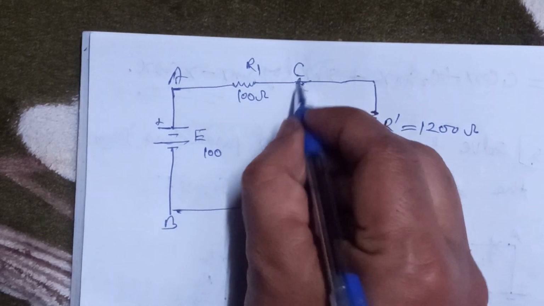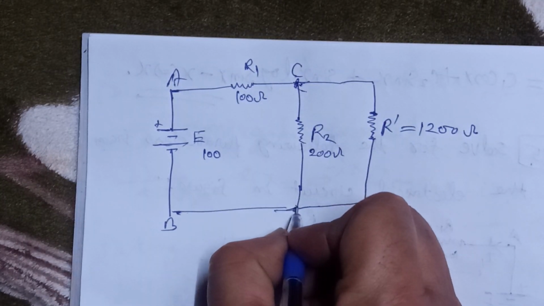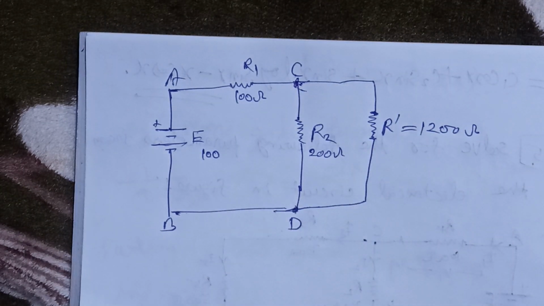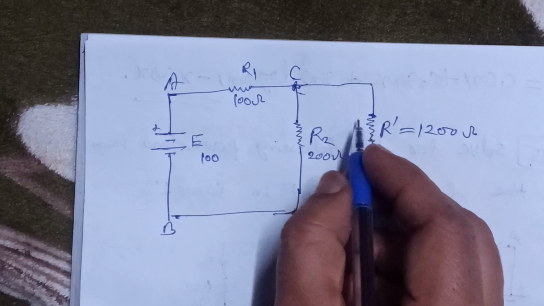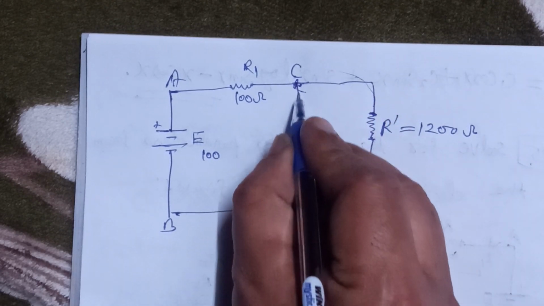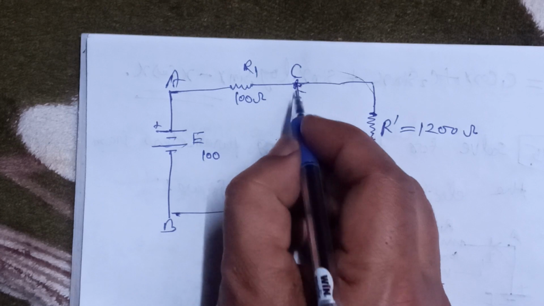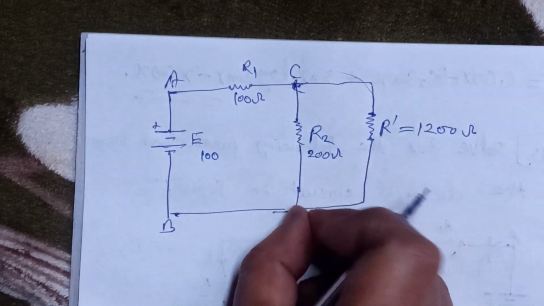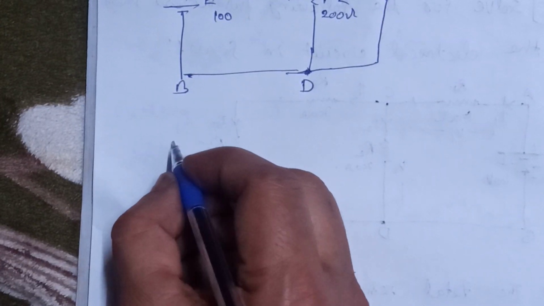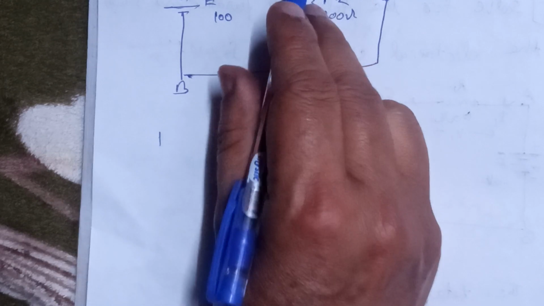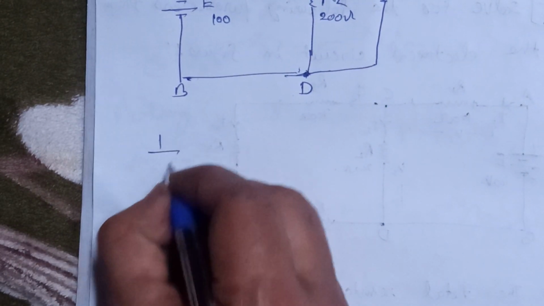We are seeing that the equivalent resistance between points C and D can be found because these two resistances are in parallel. Both terminals are joined at C, and the second terminals are joined at D, so these two resistances are in parallel. The resistance between these two points I write as R double dash.